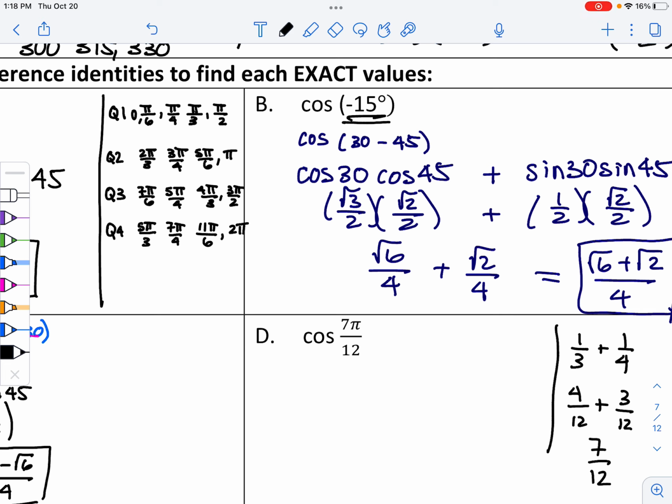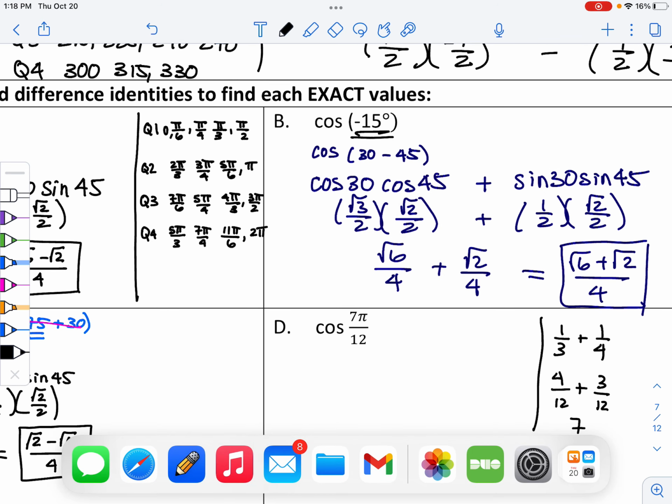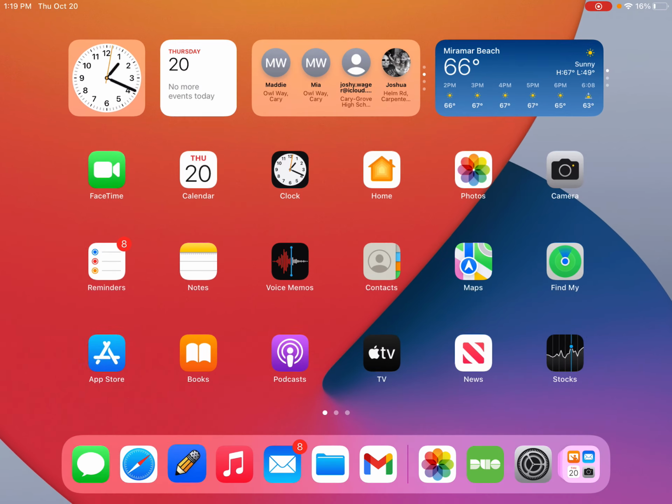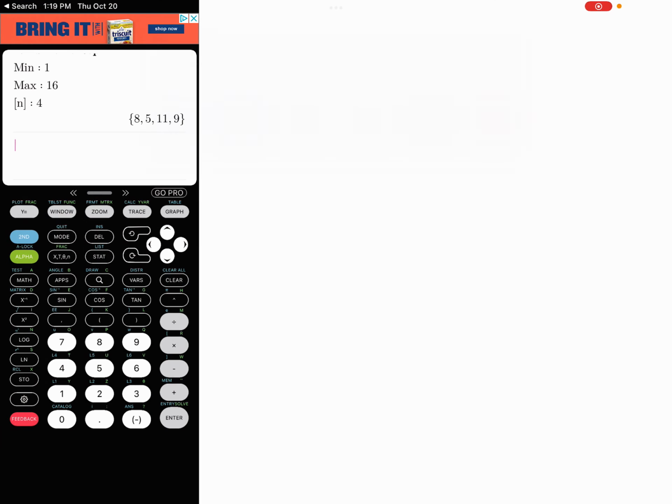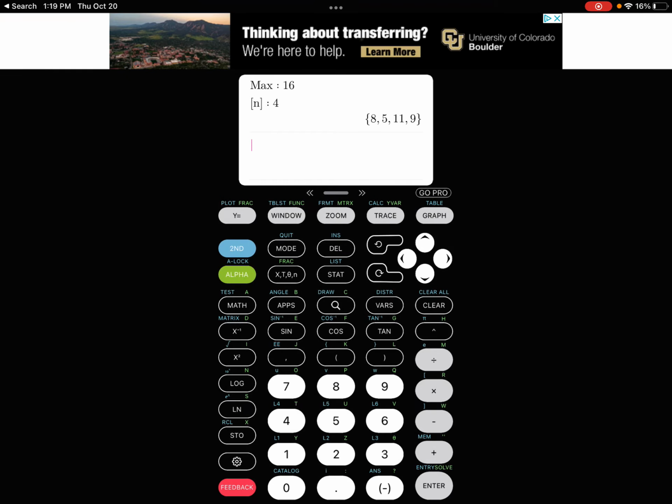Some of you might be wondering if you can convert into degrees to give yourself a good idea. Sure, you can convert that. If we do that calculator work, we know that pi is 180.